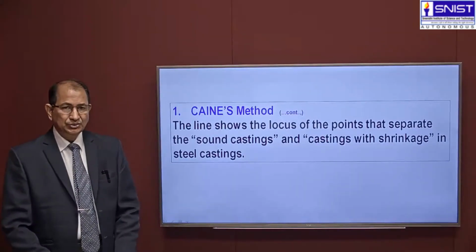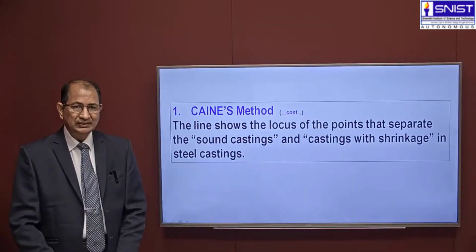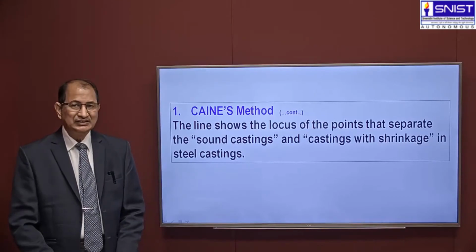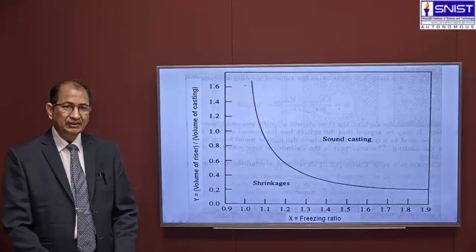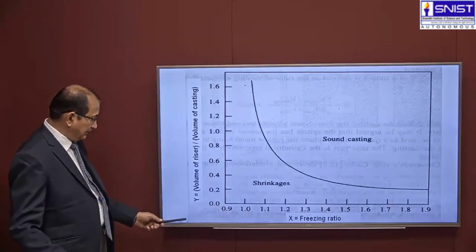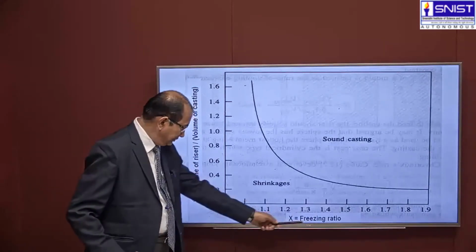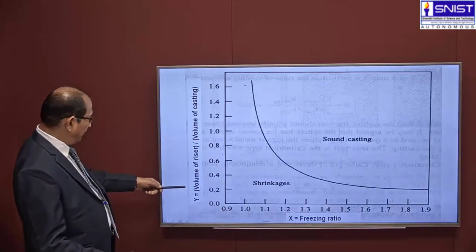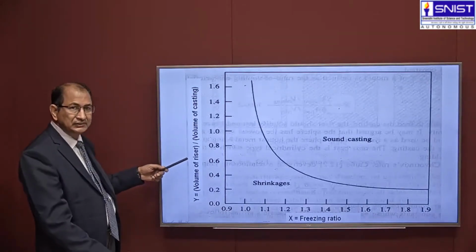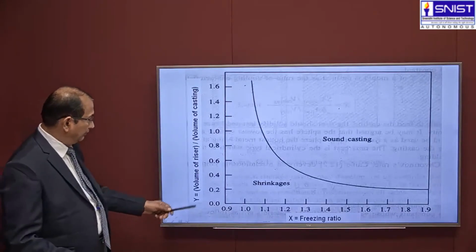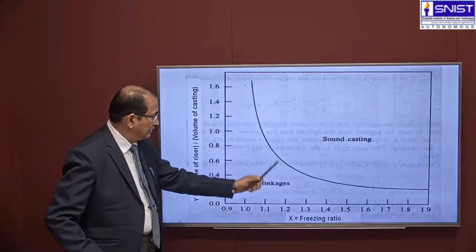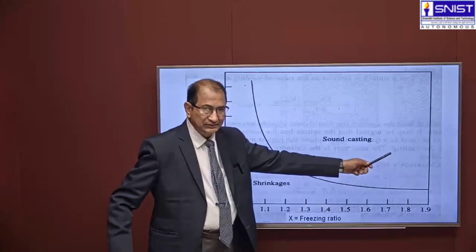The line shows the locus of the points that separate the sound castings and castings with shrinkage in steel castings. Take a look at this. Here is a graph for the freezing ratio versus volume of the riser to volume of the casting. These are all shrinkages and these are all sound castings.